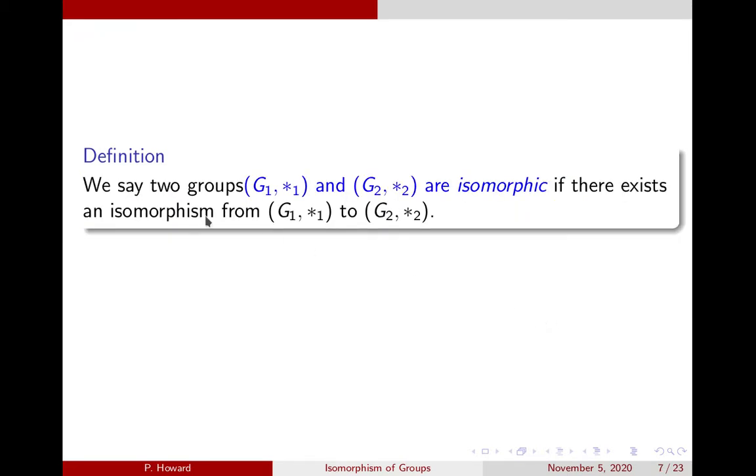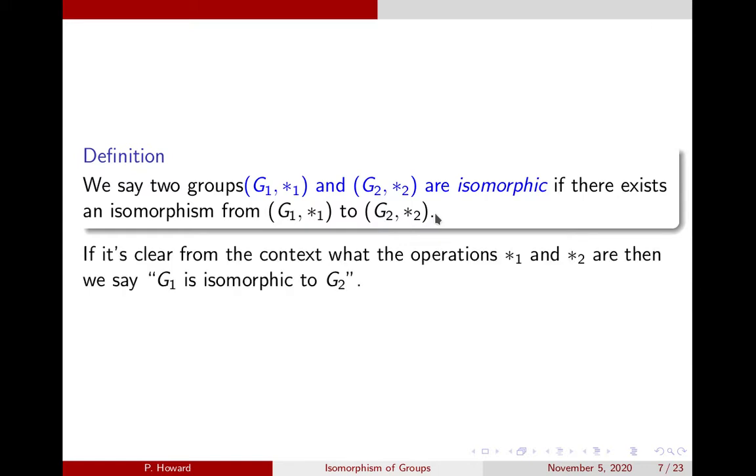And then two groups are isomorphic if there's an isomorphism from the first group to the second one. And again, if it's clear from the context what the two operations are, then we will simply say that G1 is isomorphic to G2 without mentioning the operations.